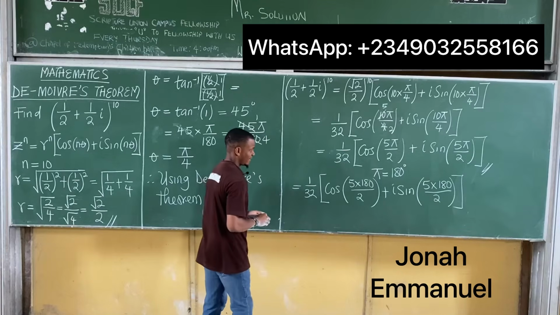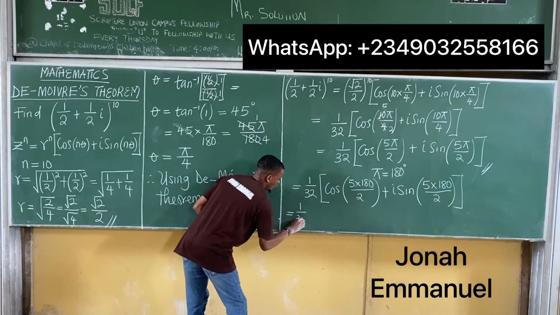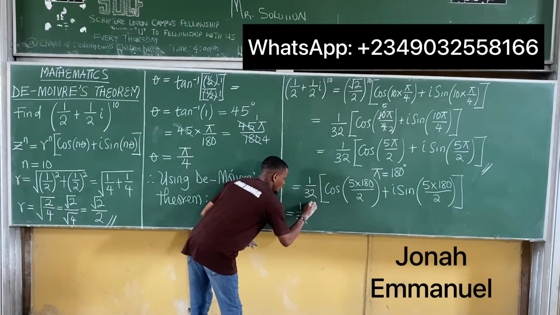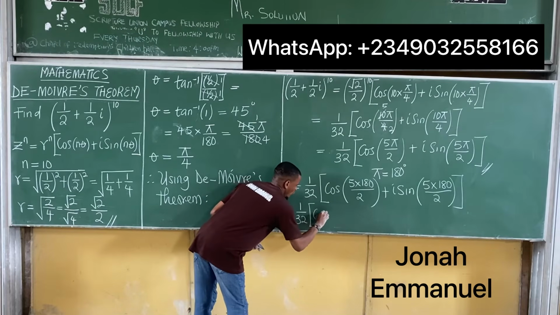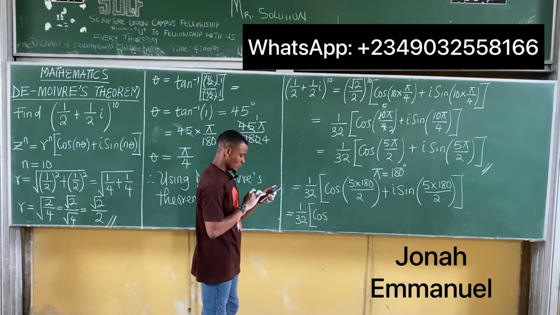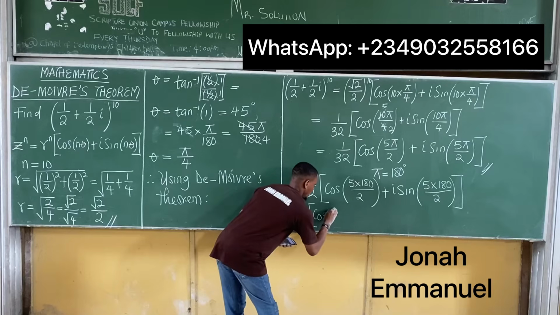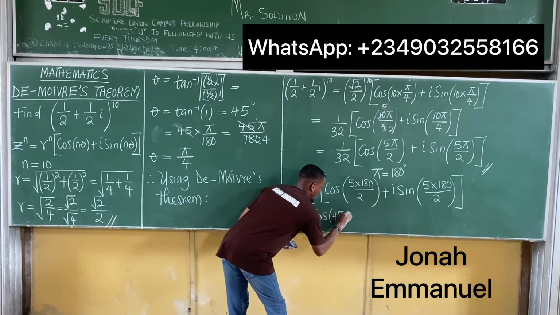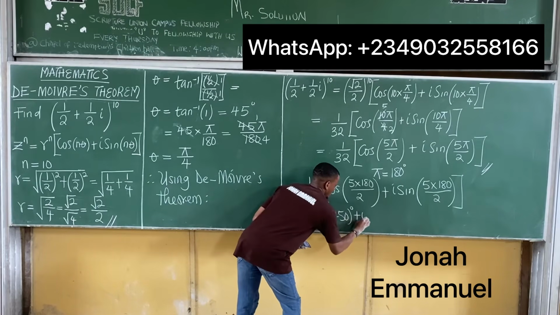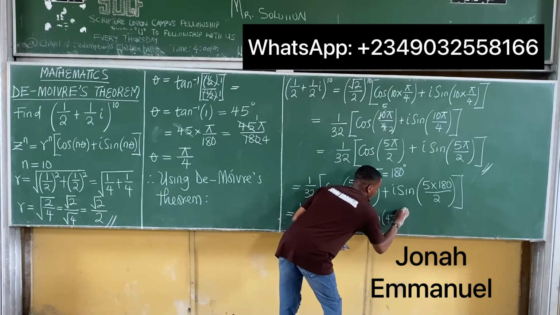So what do you have here? This will be equal to 1 over 32 into cos. Let's get 5 times 180. That's 900 over 2. That's 450. That's cos 450 in degrees, plus I sine 450 in degrees.